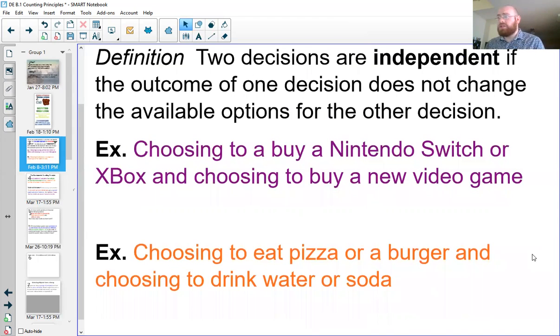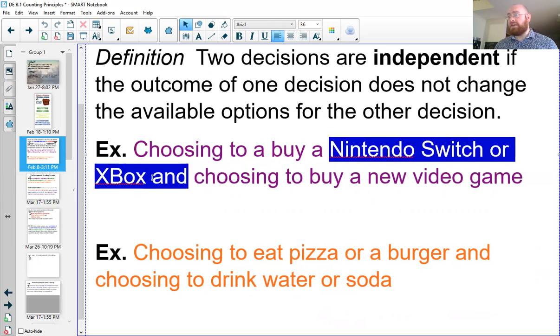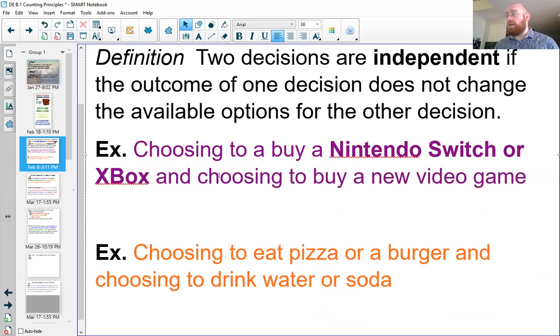Choosing to buy a Nintendo Switch or Xbox and choosing to buy a new video game. Notice that our first decision is Nintendo Switch or Xbox, and our second decision is a new video game.